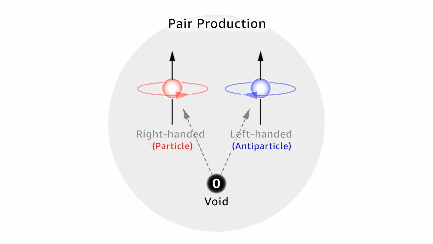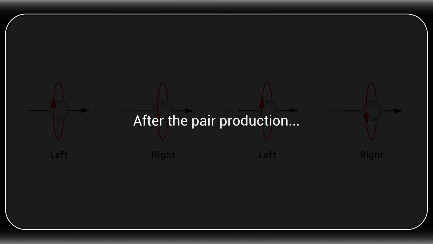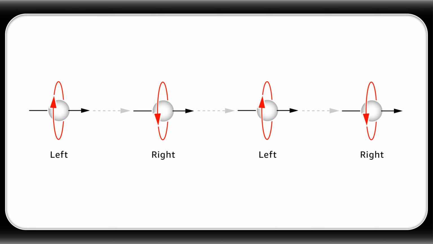When a particle has the right-handed spin, its antiparticle has the left-handed spin. This is one type of P symmetry. Note: After the pair production, particles as well as antiparticles constantly flip, left and right, as illustrated in this figure. The function of spin will be discussed in Section 4.